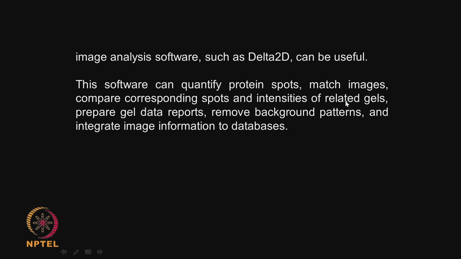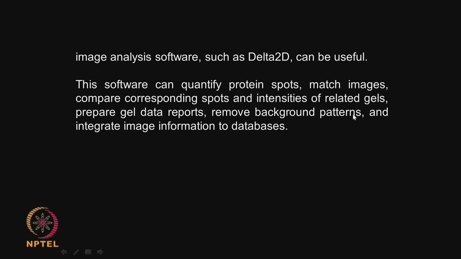For example, I am having the protein from a tissue sample before treatment and after treatment. I can compare those two 2D gels, and then I say some proteins have disappeared. So, I can say maybe enhancement or suppression because of treatment. Prepare gel data reports, remove background patterns.